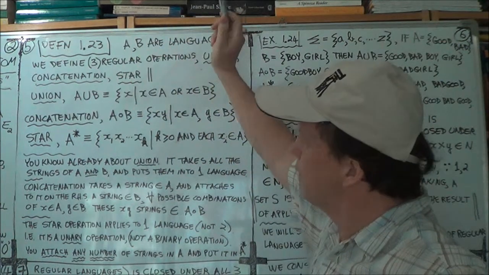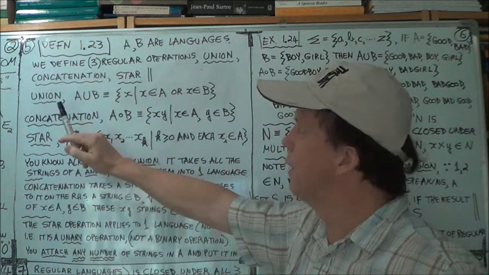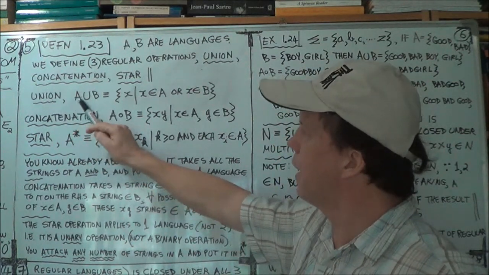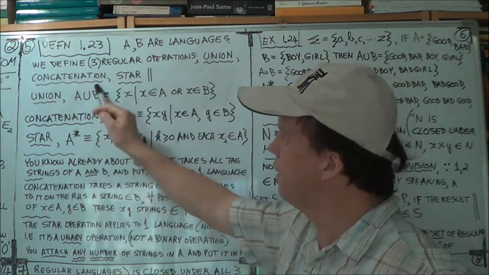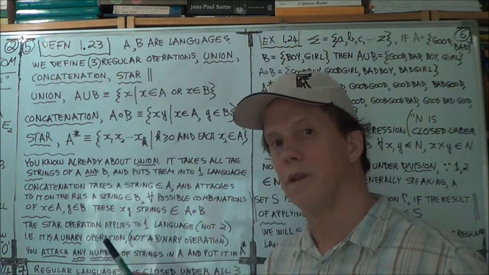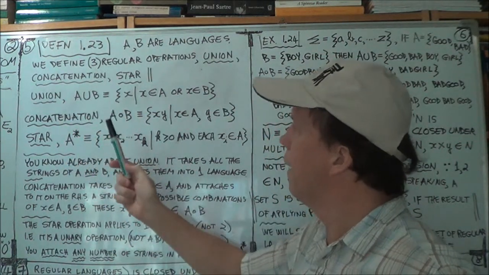So if you take two regular languages and you union them, A union B, the result is also a regular language. It's closed under the operation union.